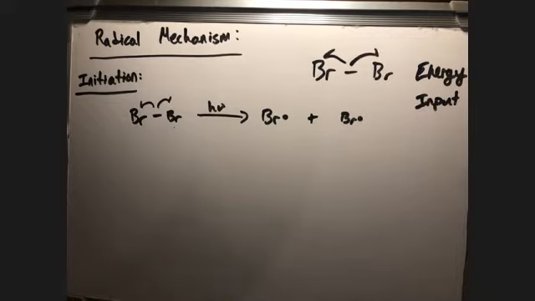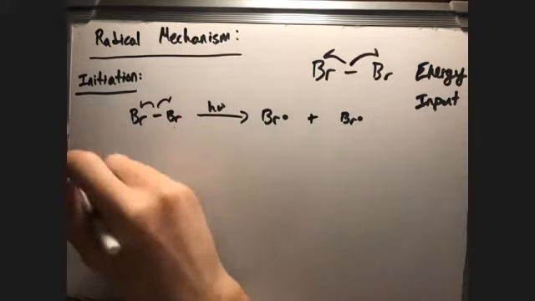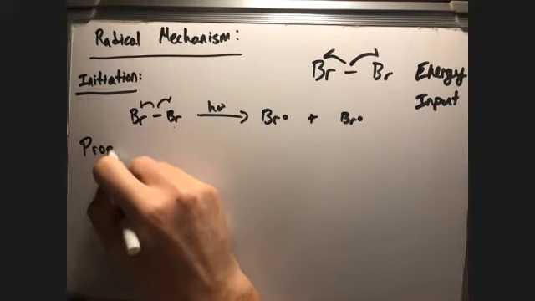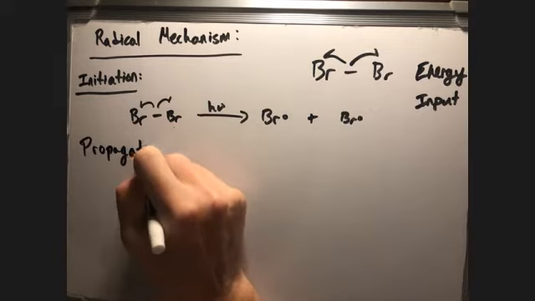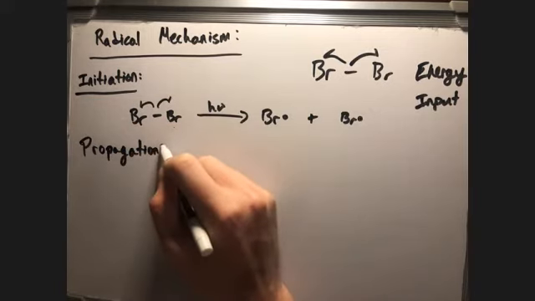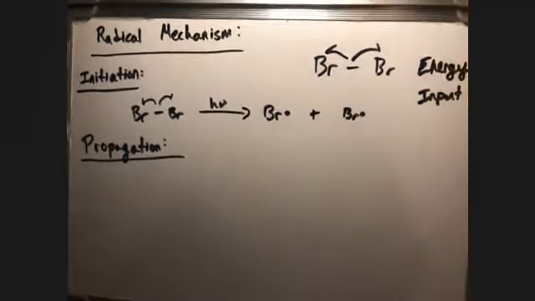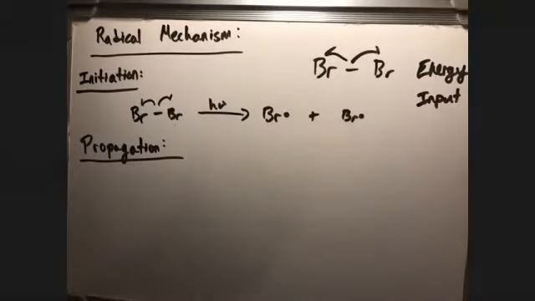Okay. So once the initiation step has occurred, then you'll have potentially a series of propagation steps. There's at least going to be 2, but there can be as much as like 20. You wouldn't have to recite like 20 on an exam or anything like that. But the point is that depending on the identity of your starting material, you could have a lot of propagation steps and a lot of craziness going on.